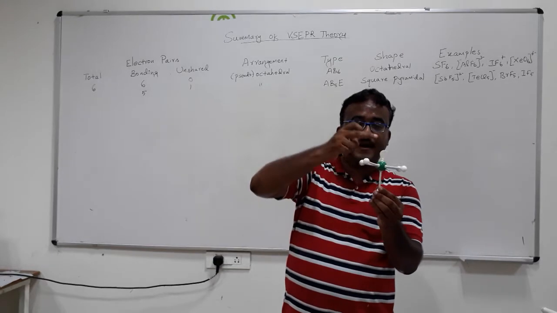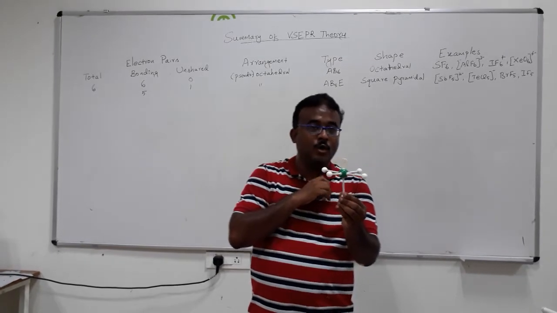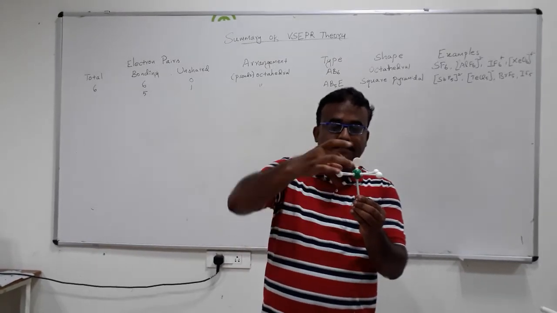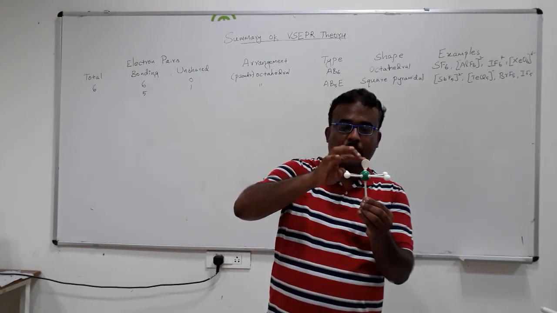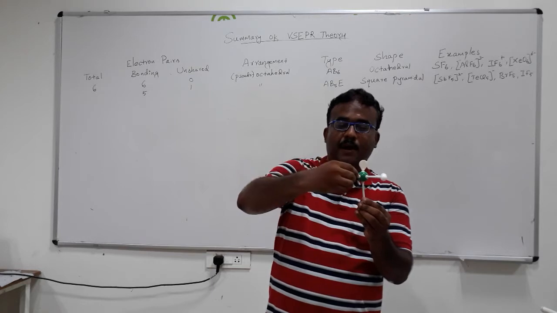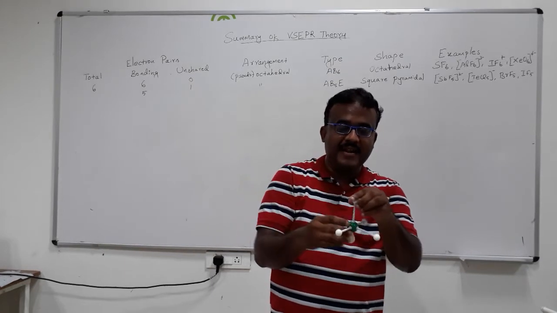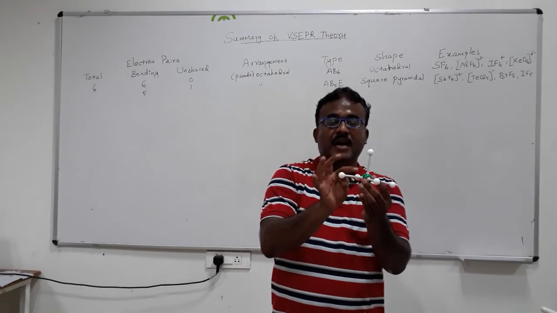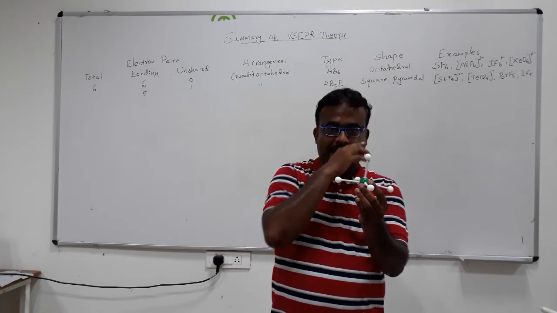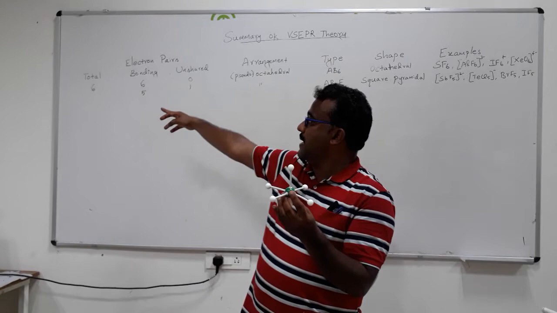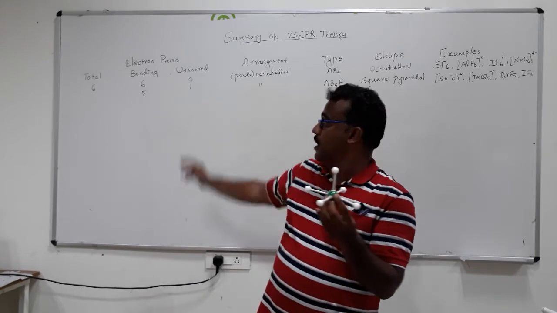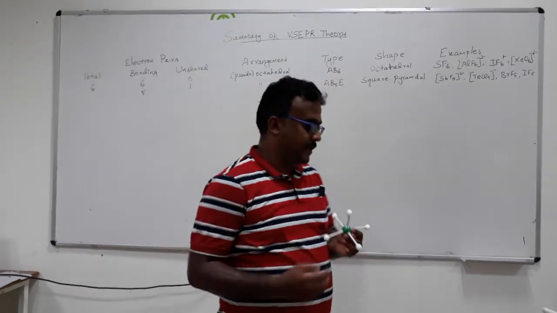Because of the unpaired electron, according to rule number 2, this bond length is elongated. Due to this lone pair and bond pair interaction, this bond length is elongated and this bond angle is not perfectly 90 degrees. That can be seen with total electron pair 6, with one unshared pair of electrons and 5 bonding electron pairs.